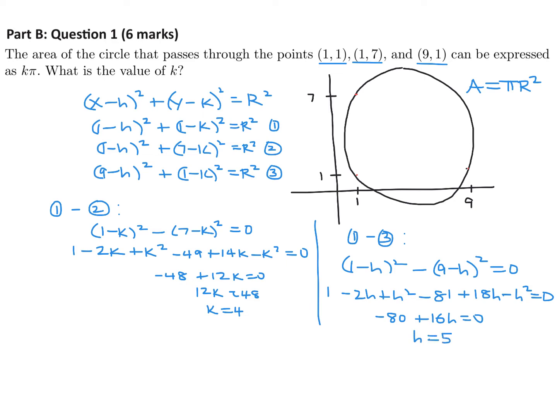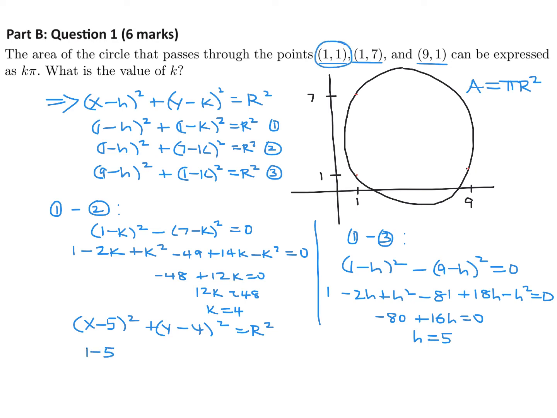Okay, so now we can easily figure out r. Substitute our values for h and k there. So we got (x minus 5) squared plus (y minus 4) squared is equal to r squared. And then we can substitute any one of these points into this. I'll just use (1, 1).